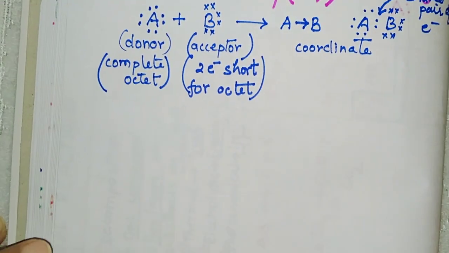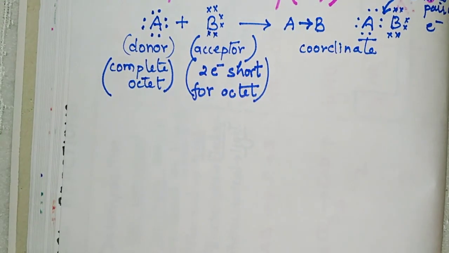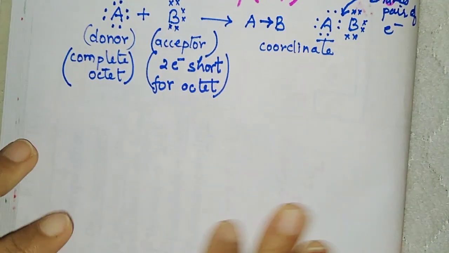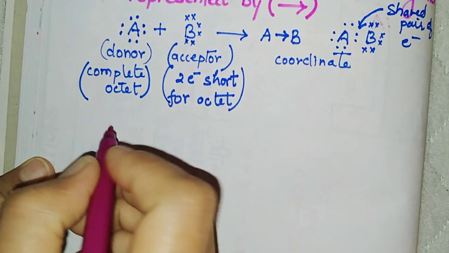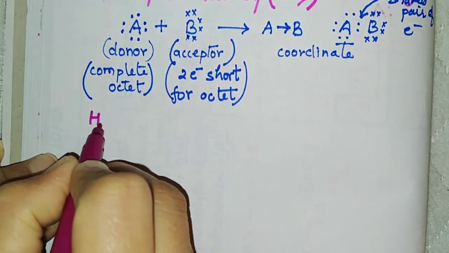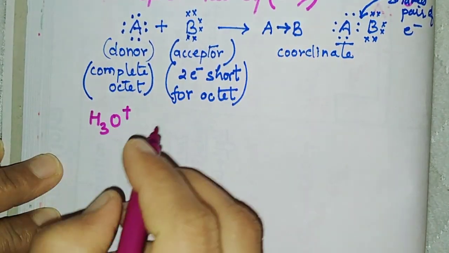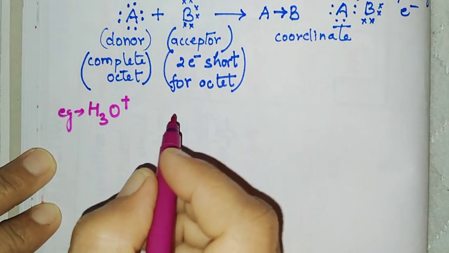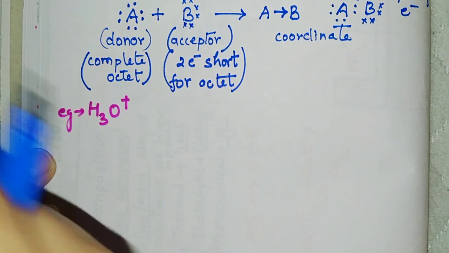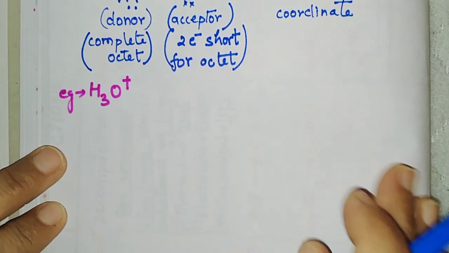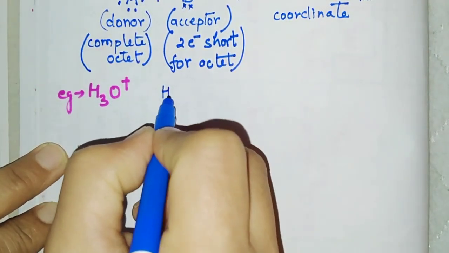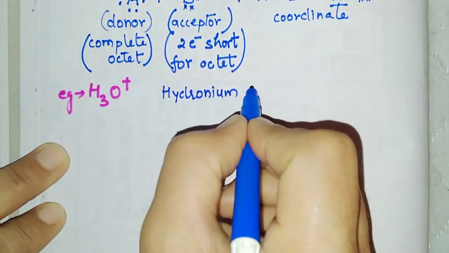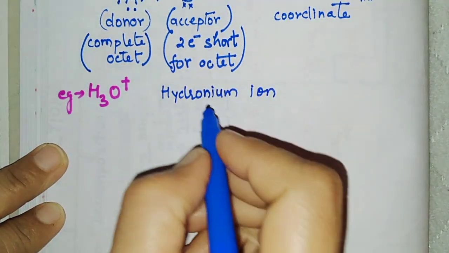Now let us have one example here. The example we are taking is H3O+. This is an ion, the hydronium ion.